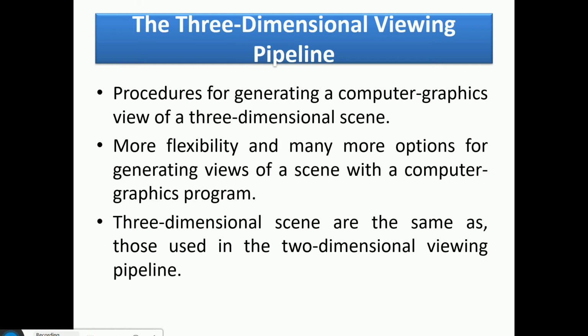In addition, we set up a display window in screen coordinates, just as you do in a two-dimensional application. The clipping window, viewport, and display window are normally specified as rectangles with their edges parallel to the coordinate axes.